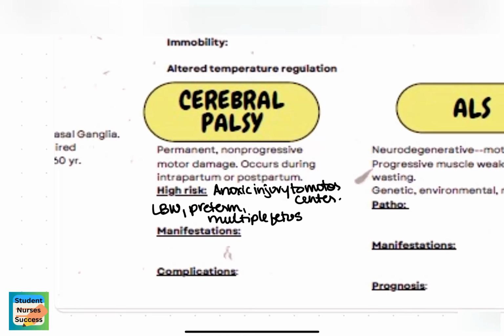As the baby approaches age 1 to 2 years, those with cerebral palsy will not be meeting their motor milestones. They will not be sitting, walking, or able to meet other milestones. They may even have persistent infant reflexes.